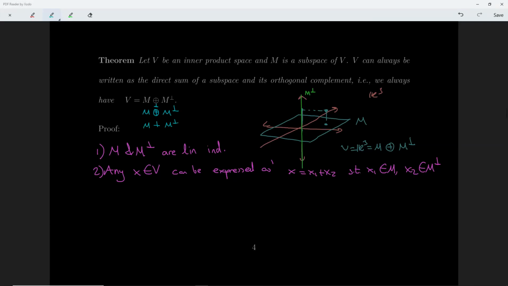In order to say that every vector in V can be written as two components, where one of them falls into the subspace and the other one falls into its orthogonal complement, I need to show two things. First of all, I should be able to decompose every vector into those subspaces. And I should also show that M and M perpendicular are linearly independent.